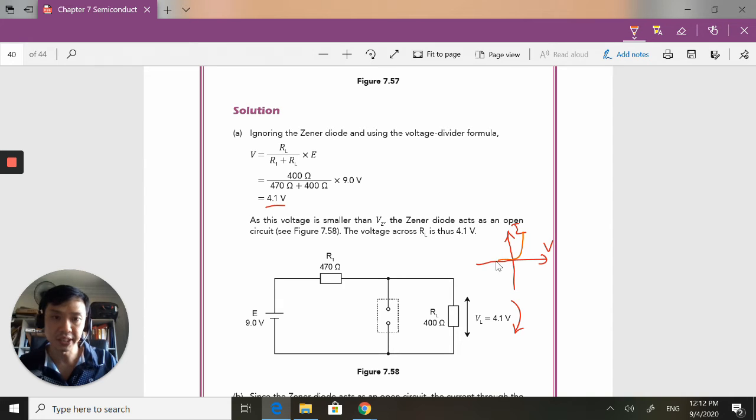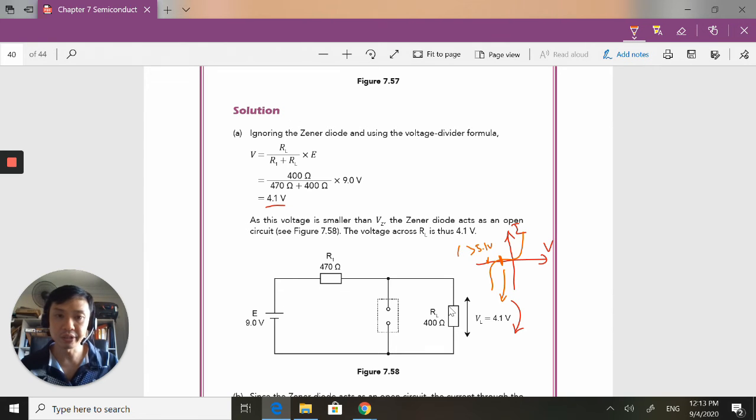We are concerned here, the reverse bias. They are saying that the Zener voltage is 5.1 volts. But here we are only having 4.1. So it's somewhere here, which is not what we want. We want it greater than 5.1.